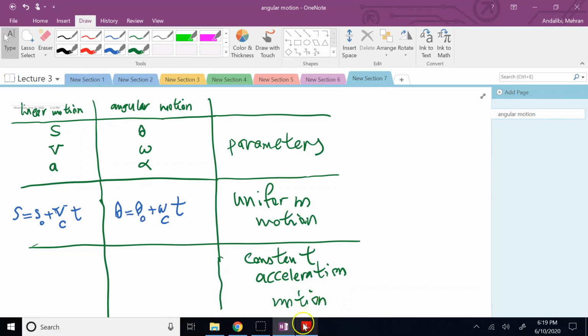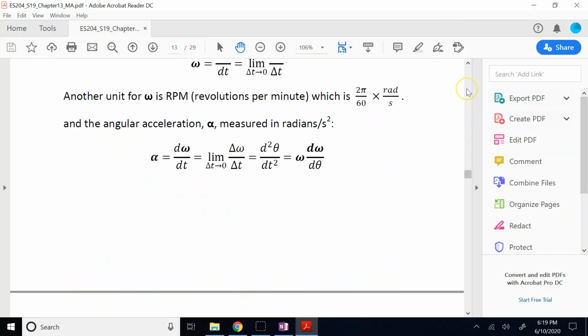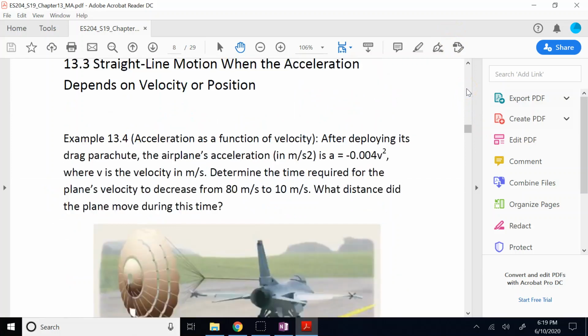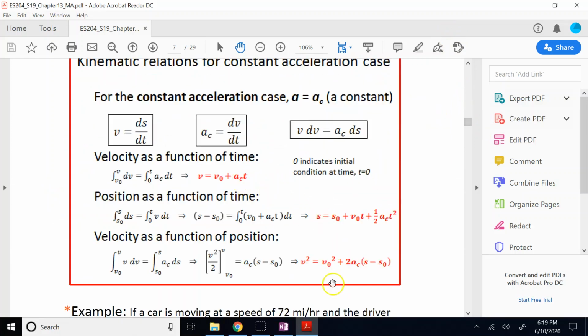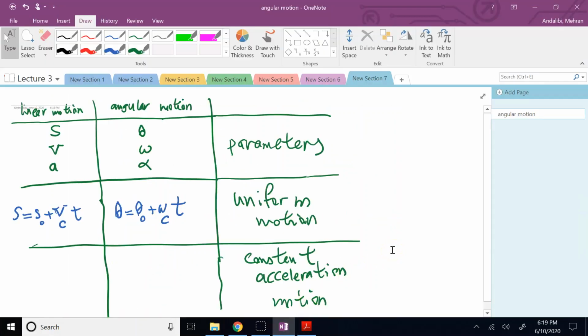if you remember, I had three formulas back there, right? In red. So I had V was equal to V naught plus a_c times t. So here a was constant.